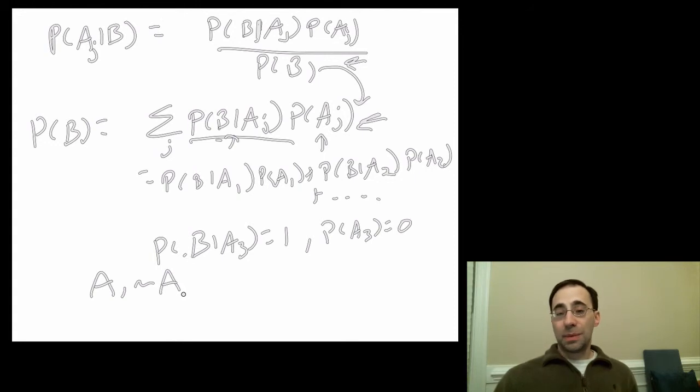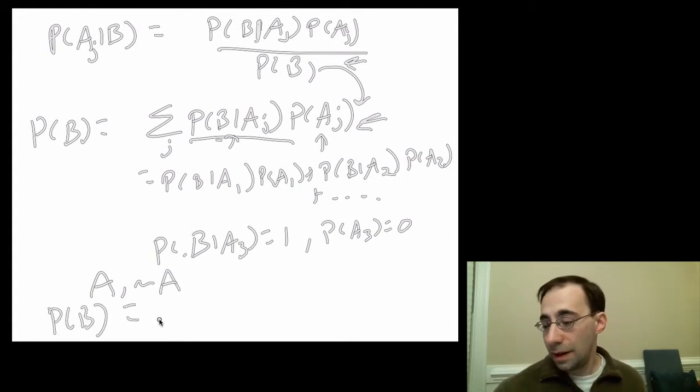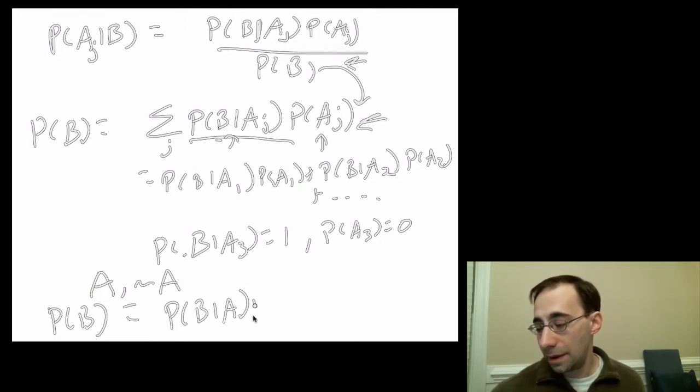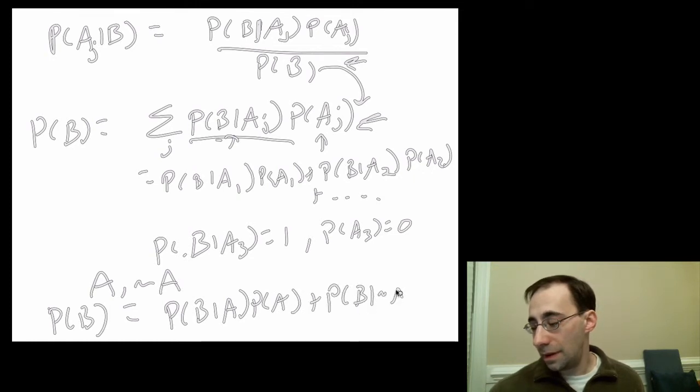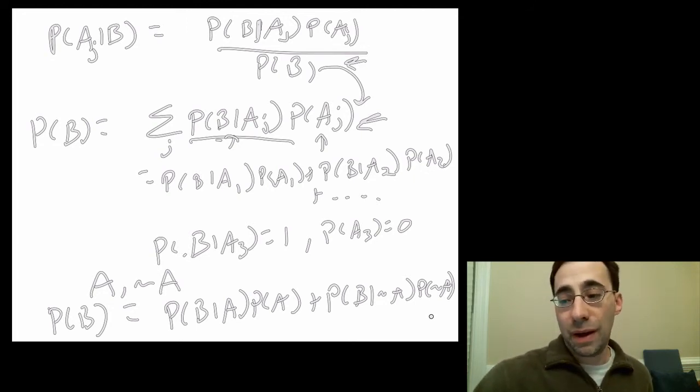In that case, we can simplify our sum over here and say that P(B) equals P(B given A) times P(A) plus P(B given not A) times P(not A), because A and not A form a collectively exhaustive, mutually exclusive set of events. And this allows you to form the most common way of writing Bayes' rule.